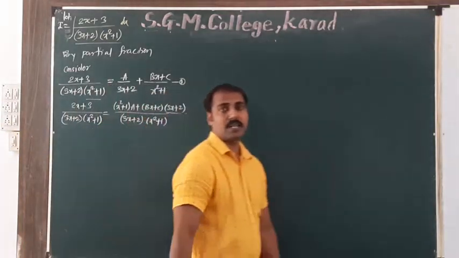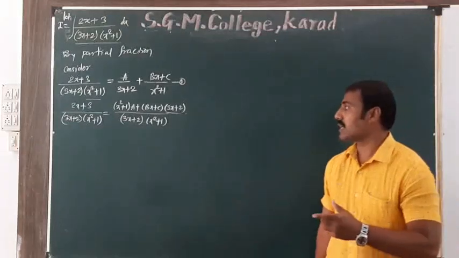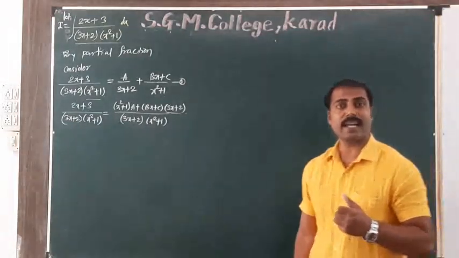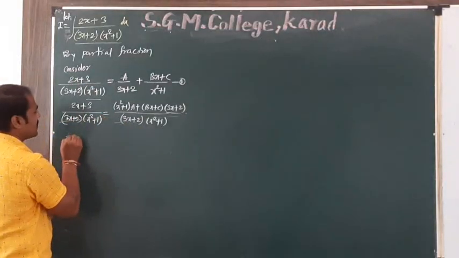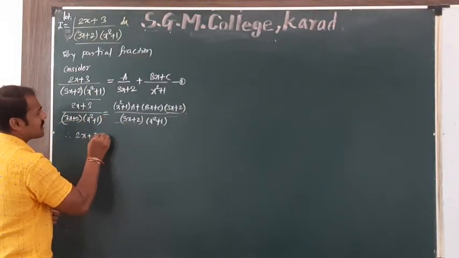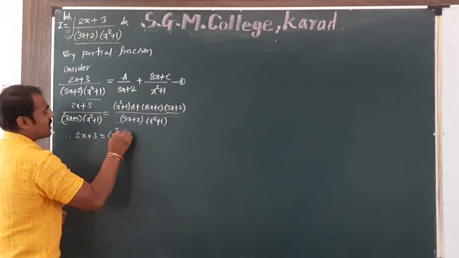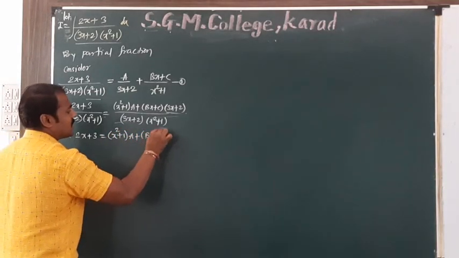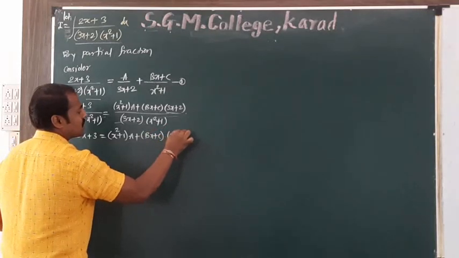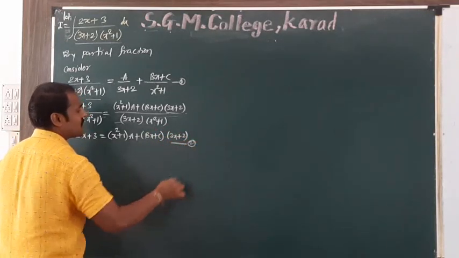Here denominator on both sides is the same, so cancelling that denominator, we get 2x plus 3 is equal to x square plus 1 into a plus bx plus c into 3x plus 2. It's our equation number second.